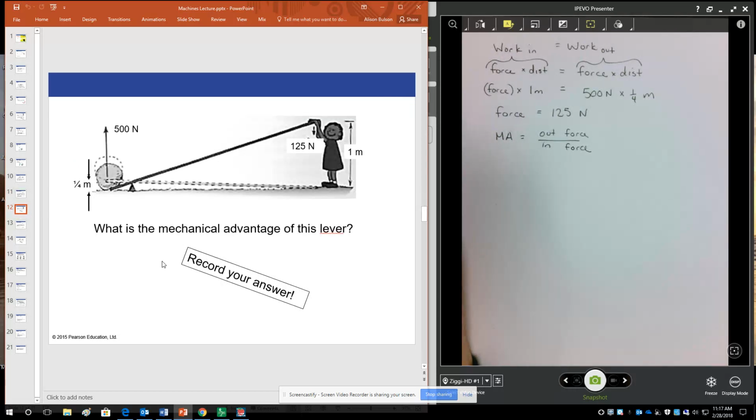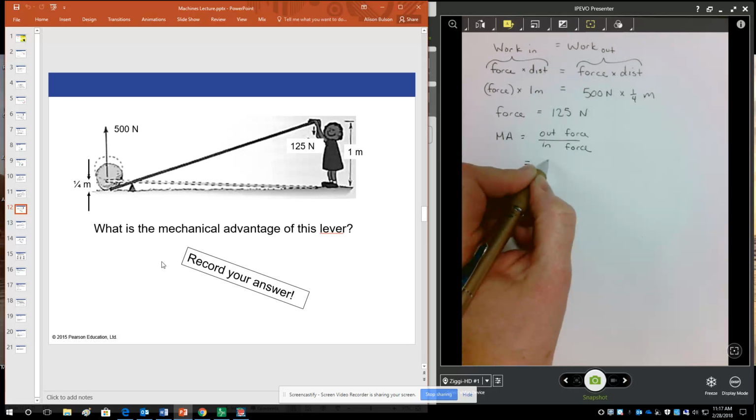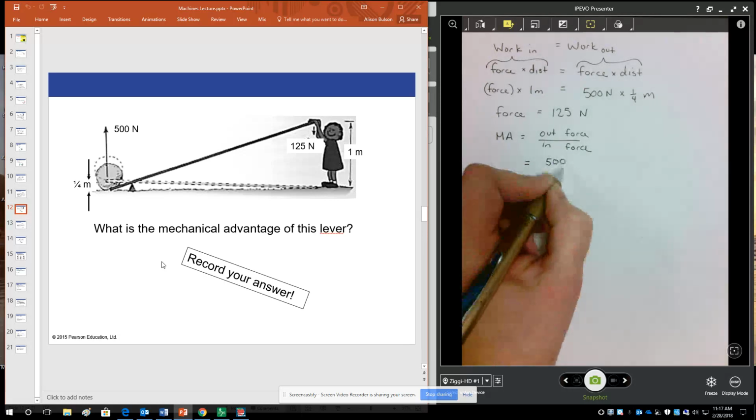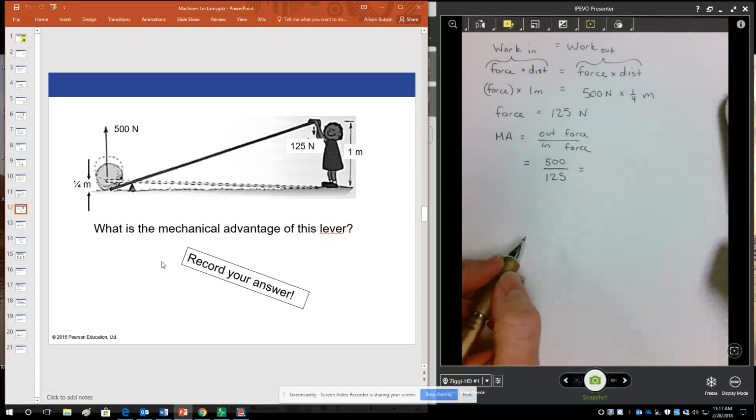So we previously found that this girl using the lever we were shown before could exert 125 newtons of force and lift a 500 Newton boulder. So we can find the mechanical advantage of this lever by dividing the output force, which is the weight of the boulder, by the input force we found to be 125 newtons. I need my calculator to finish this.